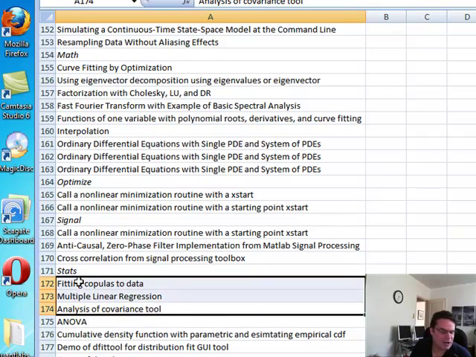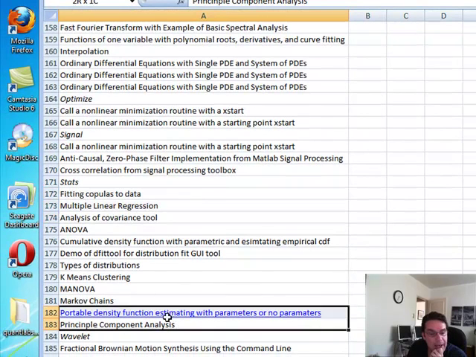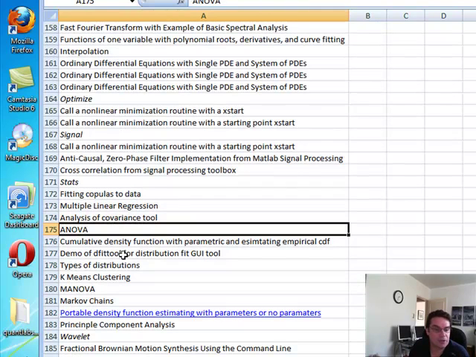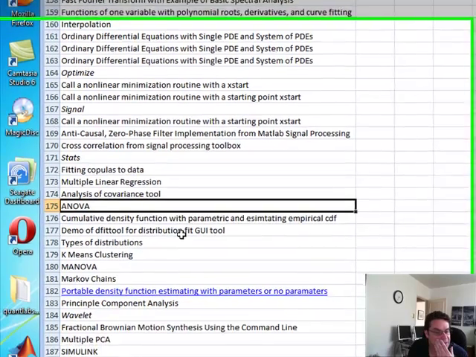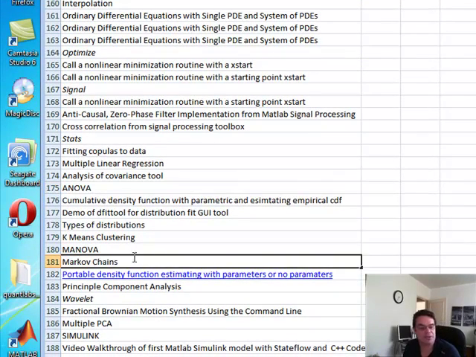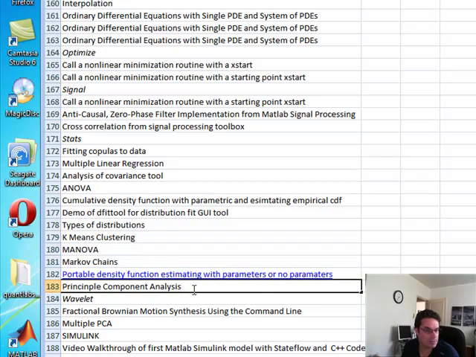And the stats, again, obviously a lot of the quant is built off of stats, so there's going to be a lot coming out of this toolbox, focusing on copulas, linear regression, covariance, ANOVA, k-means, distribution, differentiation tools and fitting tools within the GUI tool. This one seems to get a lot of respect as a Markov chain, so there's that as well. PCA is another area that a lot of people seem interested in as well. So that has some stuff.